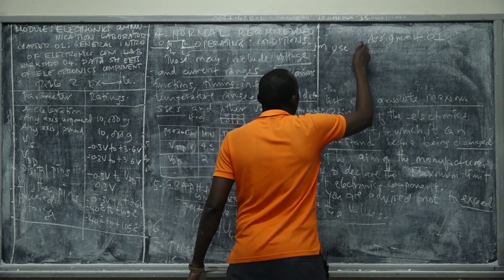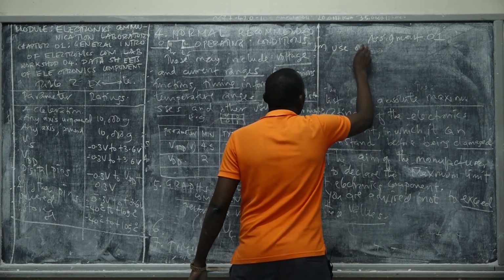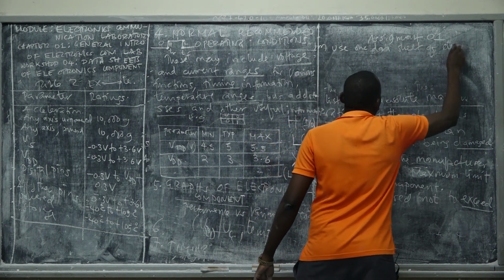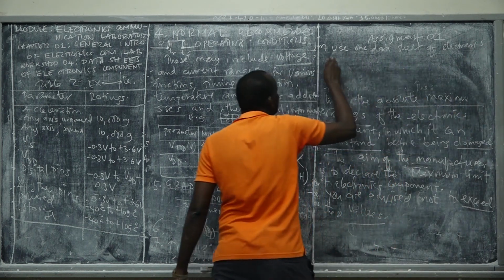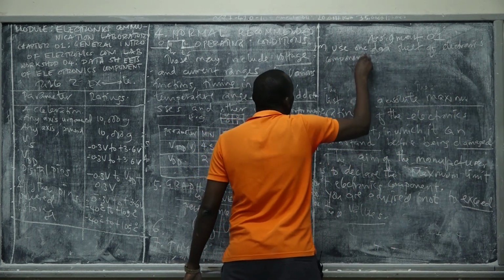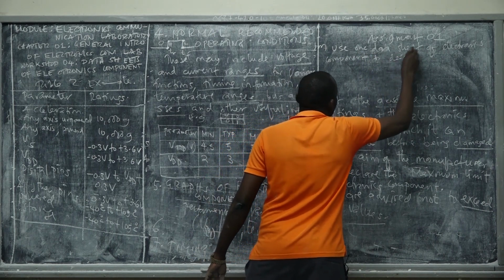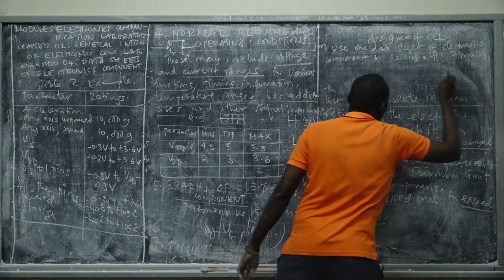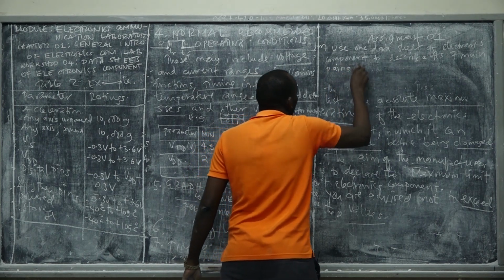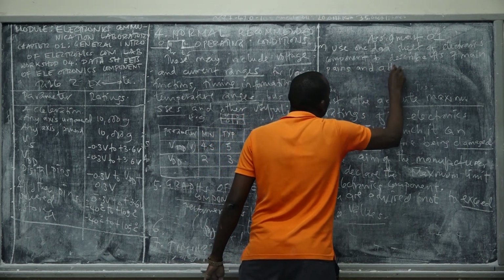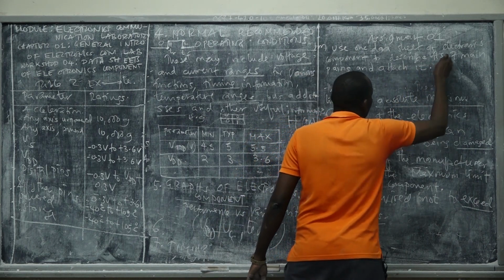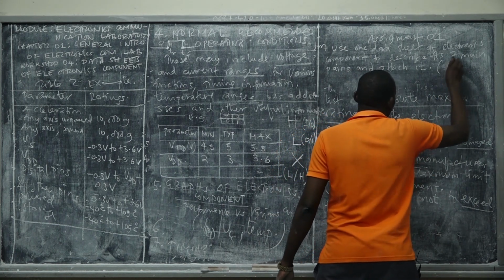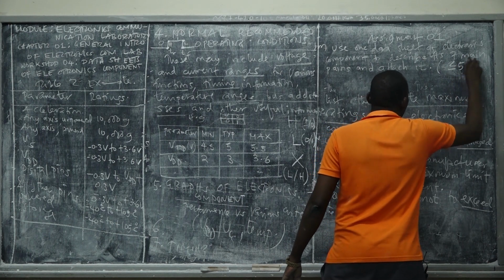Use one data sheet of an electronics component to describe its 7 main parts, and attach it. Remember that you should use no more than 5 pages.